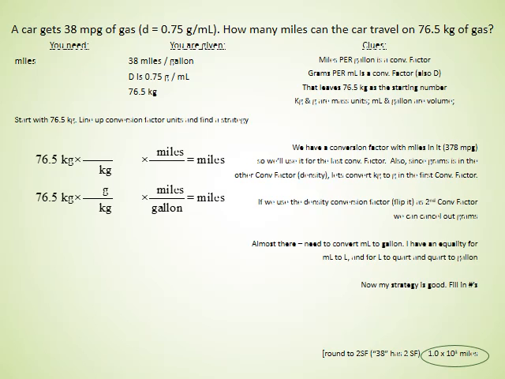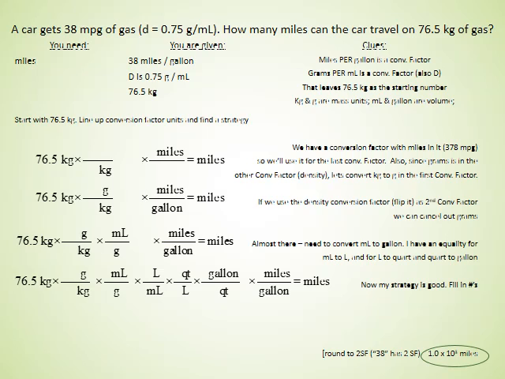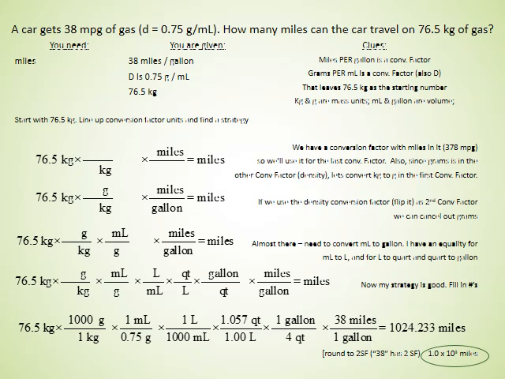We also know that we need to get to grams because that's also in one of our conversion factors of density. So we're kind of working our way in. We'll go from kilograms to grams, grams to milliliters, then milliliters to gallons, and then gallons to miles. So notice that we end up having quite a few conversion factors in here. So we have a strategy, we're finally ready to plug in the actual values, some of which have to be looked up, and we can get to 1,024 miles.